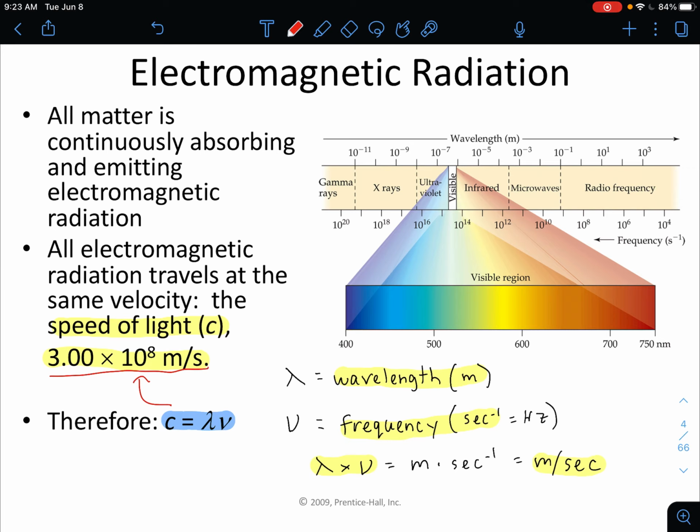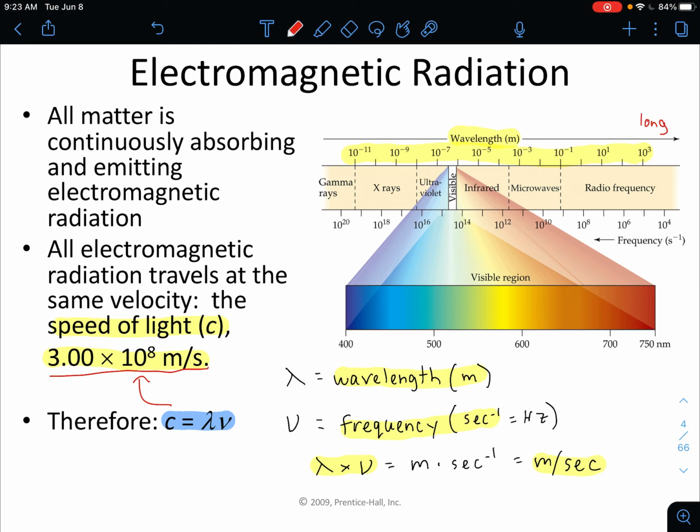Okay, so what we've got in the upper right corner here is the electromagnetic spectrum. It's showing the different types of electromagnetic radiation and their wavelengths. Up top, I've got wavelengths in meters, and it's telling us all the different values.